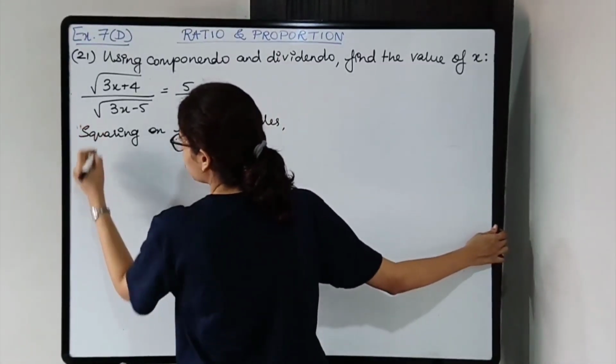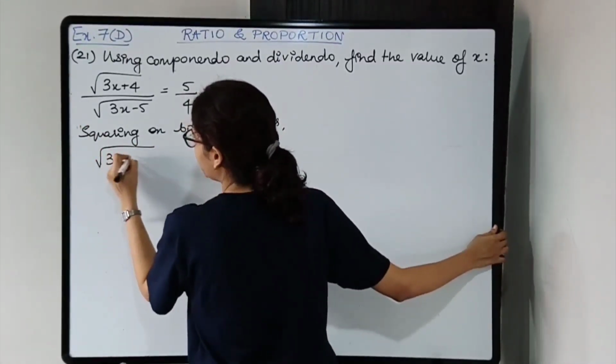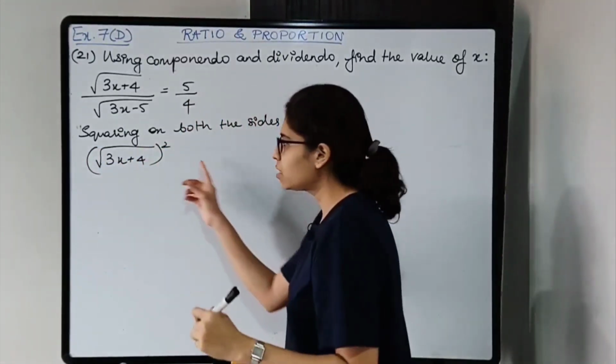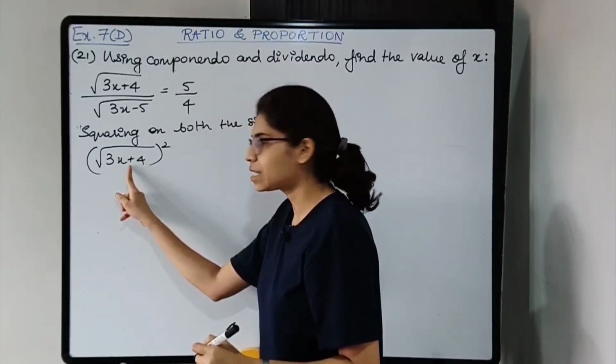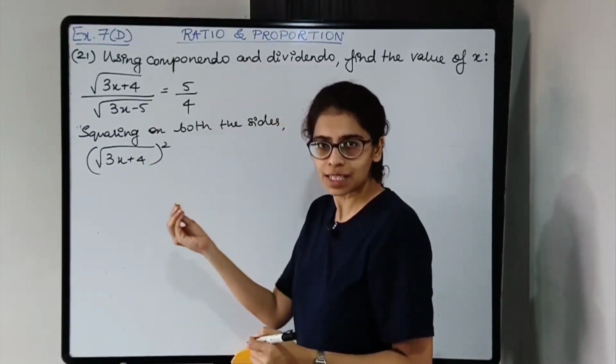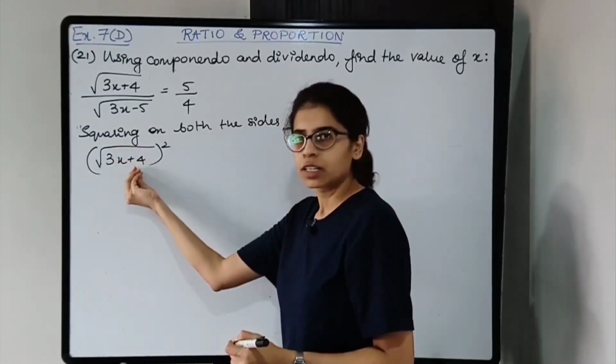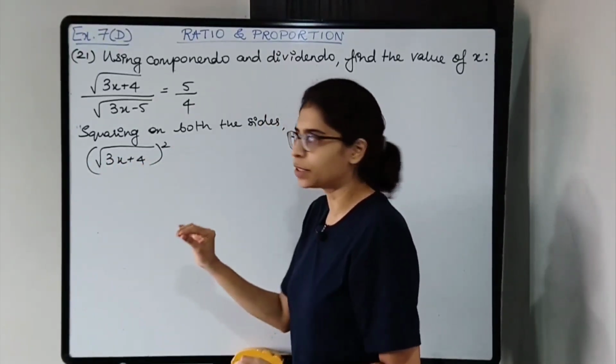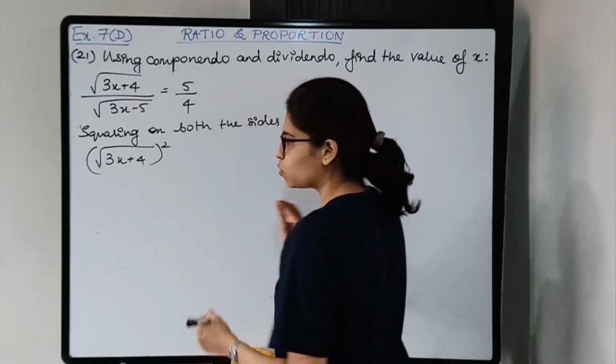Okay, so root of 3x plus 4, the whole thing squared. Okay, you cannot take the square inside because there is plus sign in between. So whenever there is plus or minus sign inside the root, the square will not be applied to it. Okay, be it square, cube, whatever. So the whole thing will be squared.